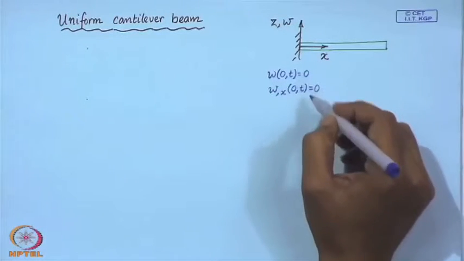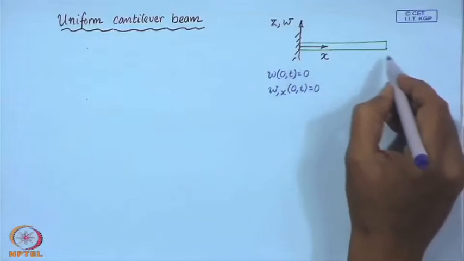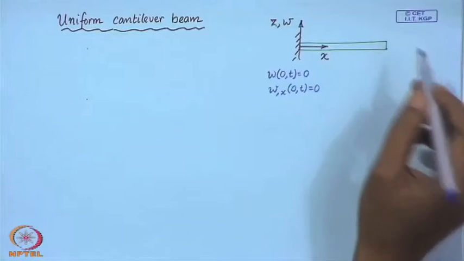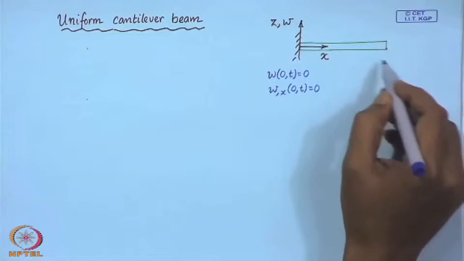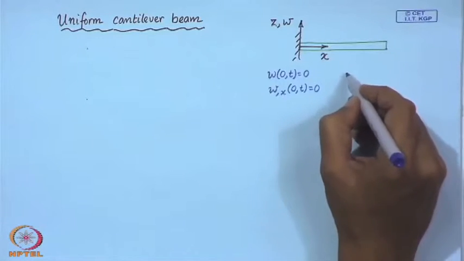So, both of them are geometric boundary conditions on this end. On this end we have the bending moment and the shear force as 0.